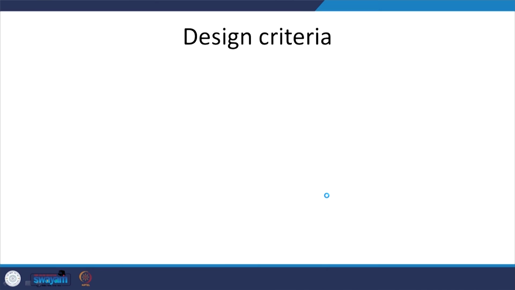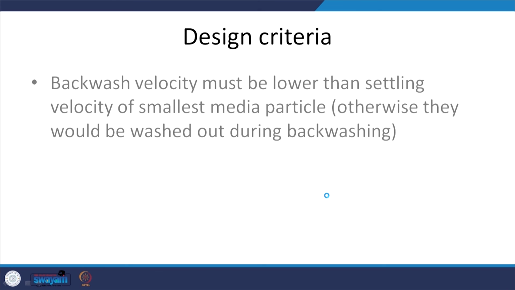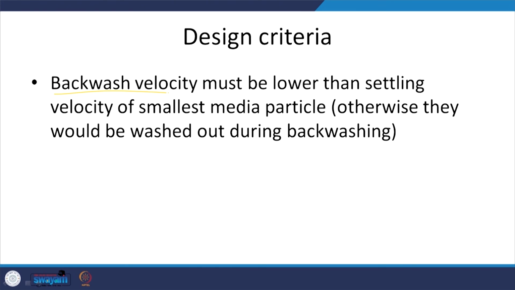So, design criteria with respect to backwash, what is it that I need to be concerned about? The first aspect is that the backwash velocity must be lower than the settling velocity of the smallest media particle. Why is that? When I am backwashing, the particles are not compact or settled anymore, they are fluidized, but gravity is still going to pull them down.